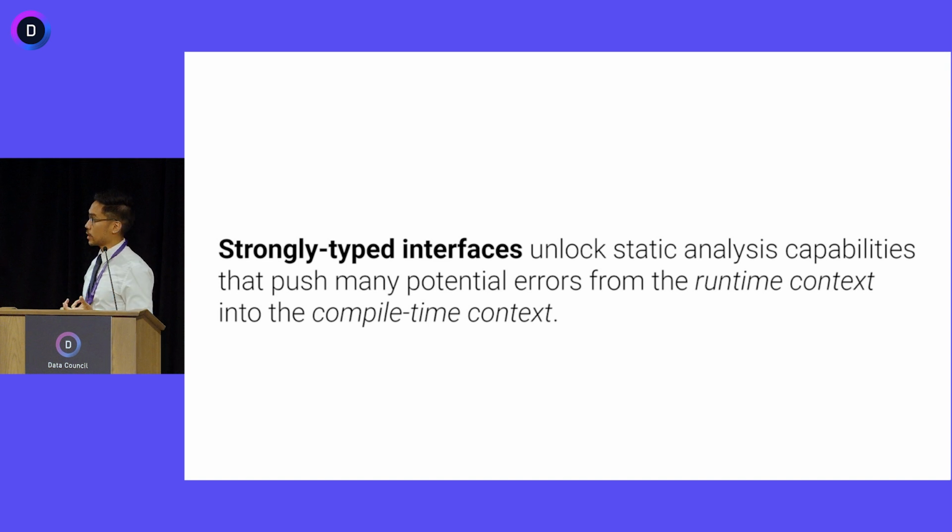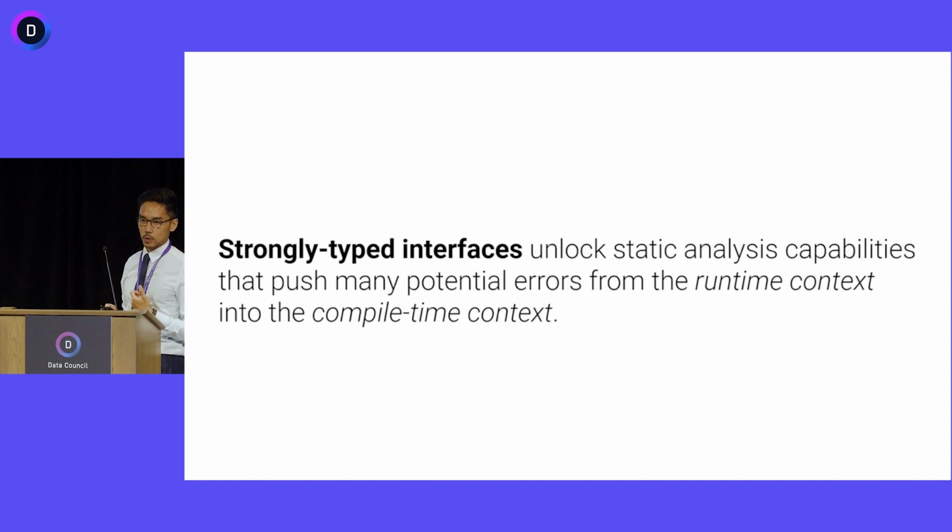But my main point here is that if you have strongly typed interfaces, when you combine that with a few other features I'll show you later, you actually can enjoy a lot of benefits. And these benefits I'd like to talk about in terms of what, as a practitioner myself, what are the properties of an orchestration pipeline that I would like to have.